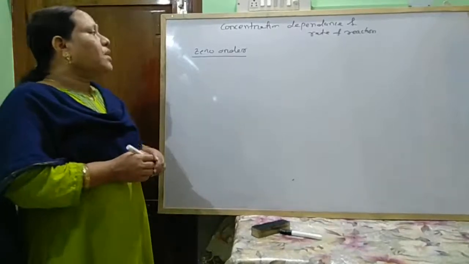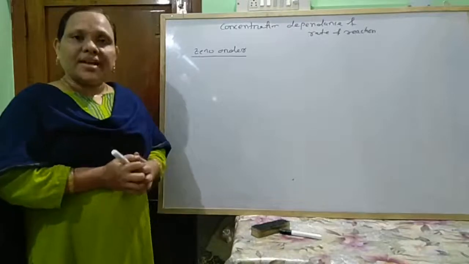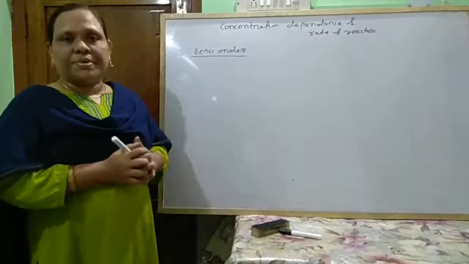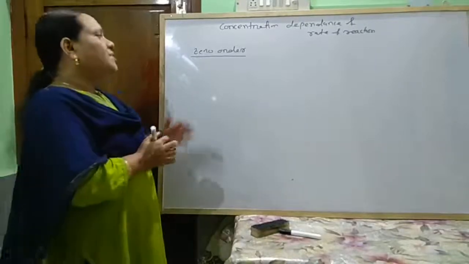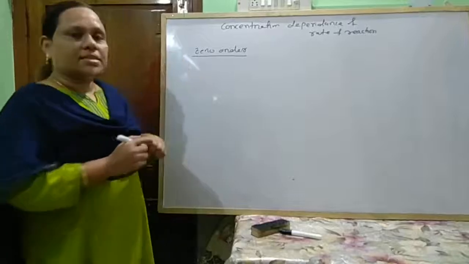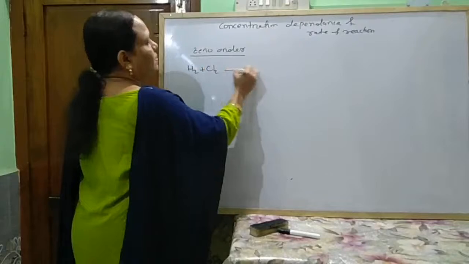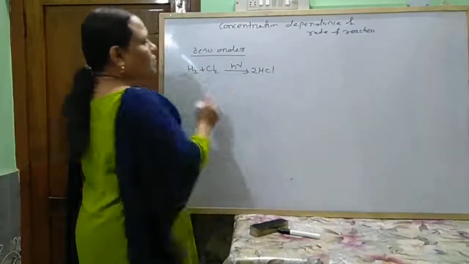Remember, all photochemical reactions, the reactions which take place in the presence of sunlight, and gaseous reactions which take place on a metal surface, are zero order reactions. For example, H2 plus Cl2 in the presence of h nu gives 2HCl.